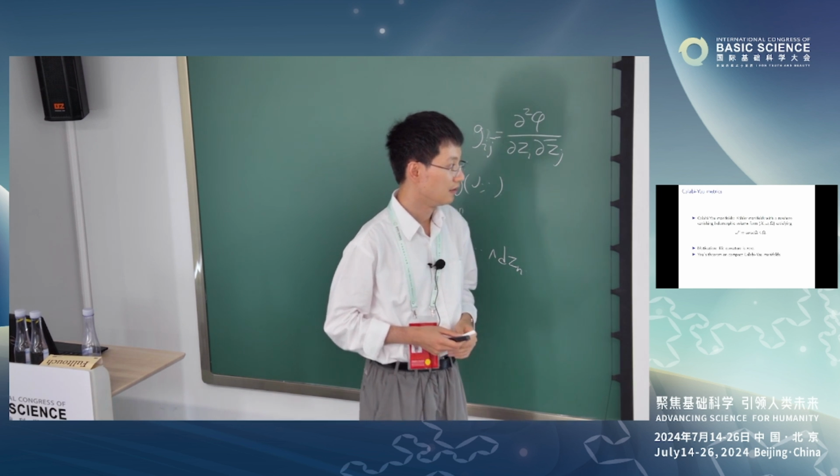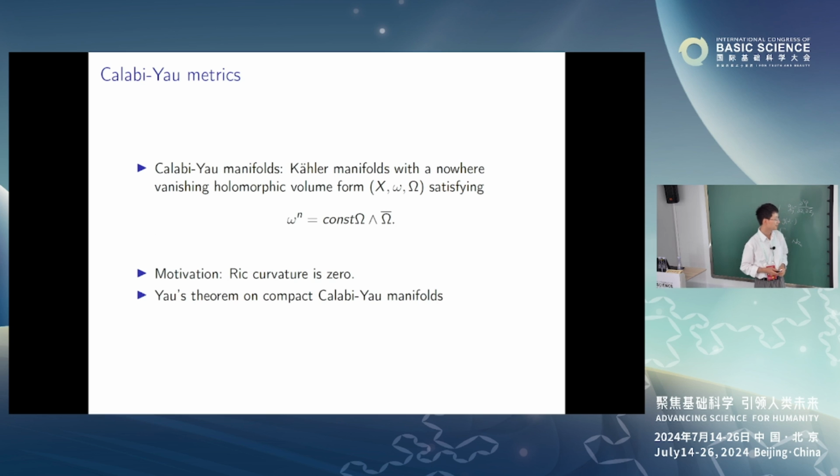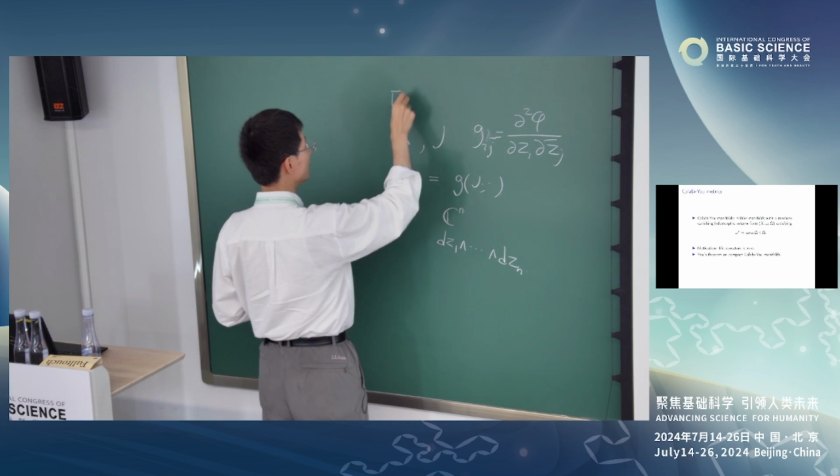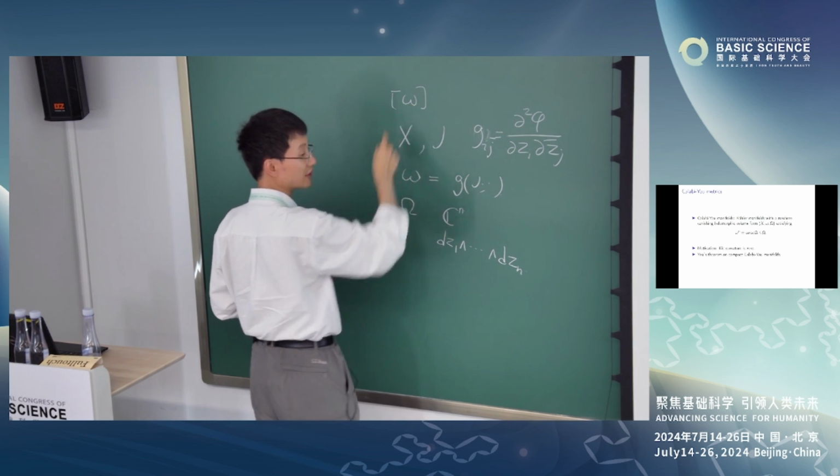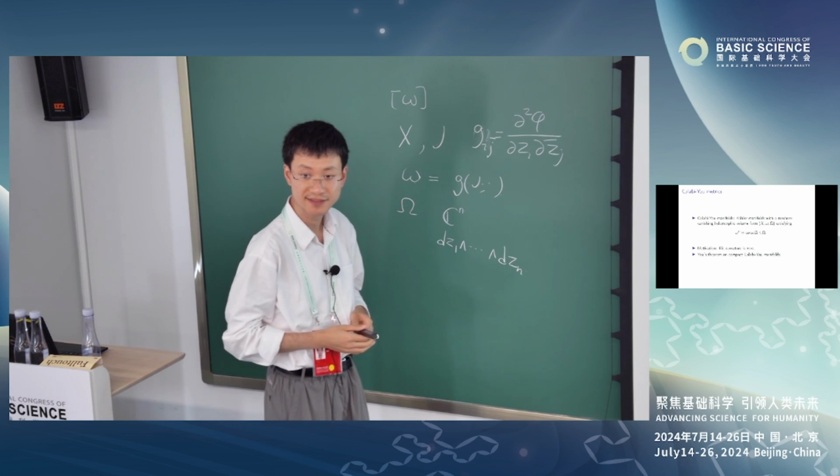So the foundational theorem in this field is, of course, Yau's theorem on compact Calabi Yau manifolds. For metrics, omega is a closed form, so you can take its cohomology class. This thing is known as the Kähler class.